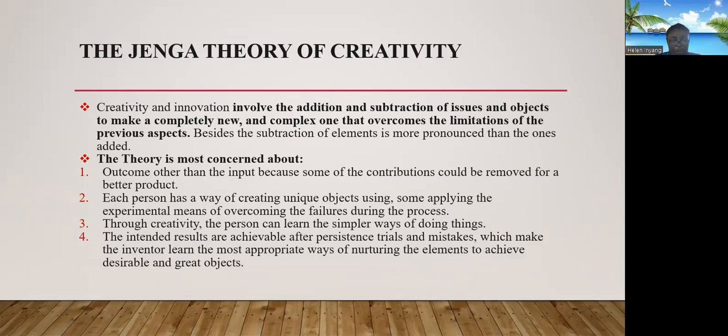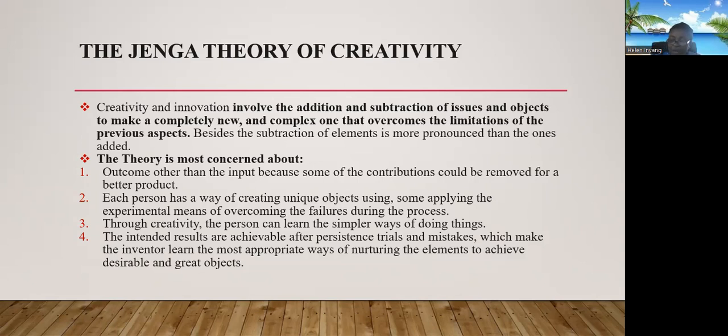Number 3, through creativity, the person can learn simpler ways of doing things in his own way. Number 4, the intended results are achievable after persistent trials and mistakes, as trials and errors.